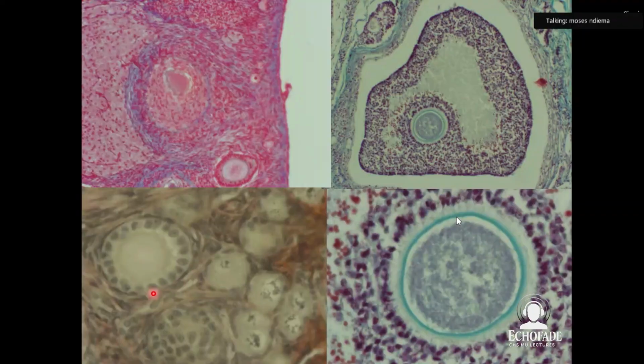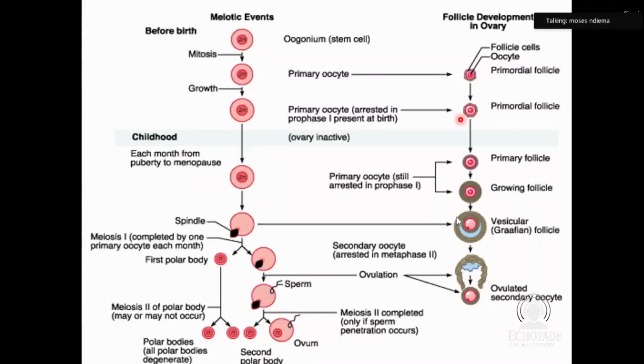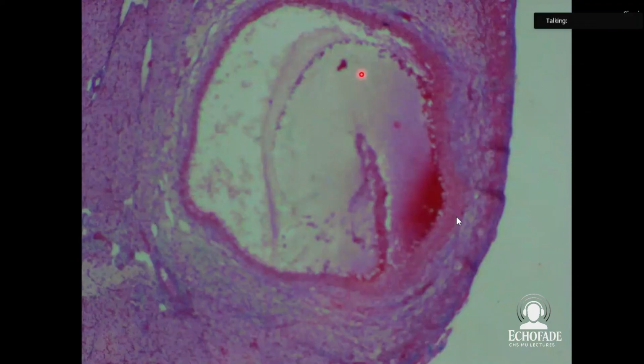Because of the rupture of the blood vessels in the theca interna, there is a mixture of blood and the granulosa cells. The blood and the granulosa cells form what we call a corpus hemorrhagicum, where we have granulosa cells suspended within the blood clot.